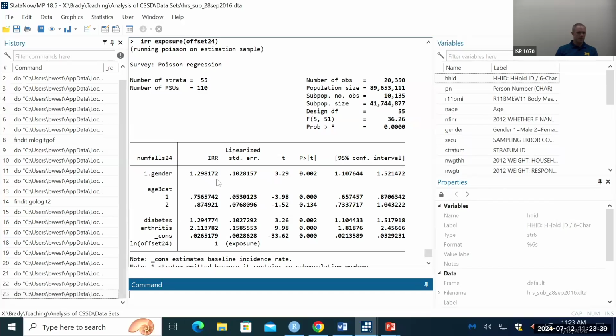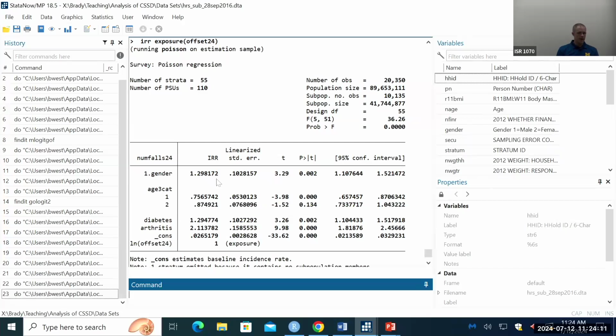In the Poisson model, we're talking about a ratio of rates, here males versus females. So what would our interpretation be? Remember, we're talking about the monthly rate of falling because we're using that offset of 24. The monthly rate is about 30% what? Higher, yeah. So the monthly rate of falling is about 30% higher for males compared to females.